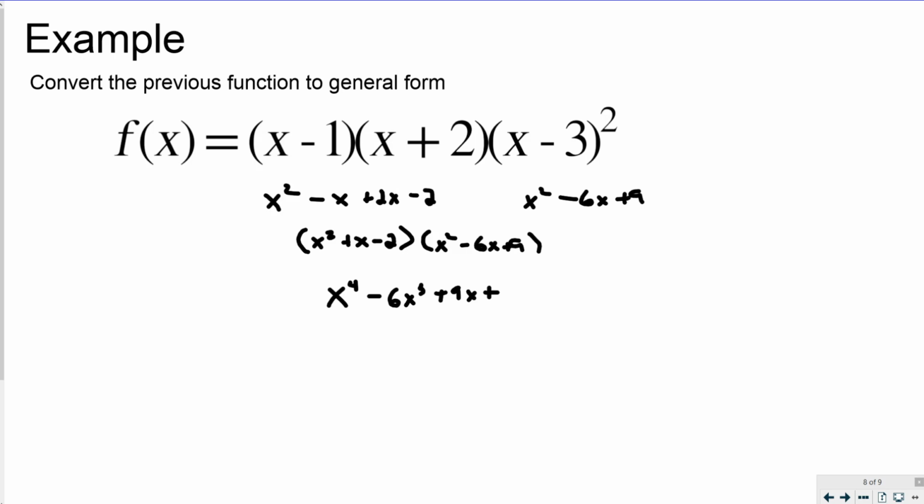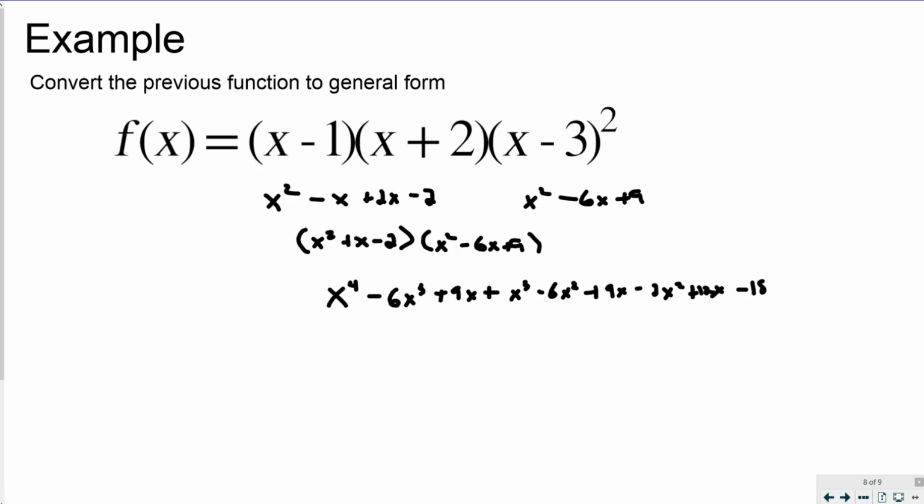So x times x squared is x cubed. x times negative 6x is minus 6x squared. And then x times 9 is 9x. And then do this. Negative 2 times x squared is negative 2x squared. Negative 2 times negative 6x is plus 12x. And then negative 2 times positive 9 is minus 18.